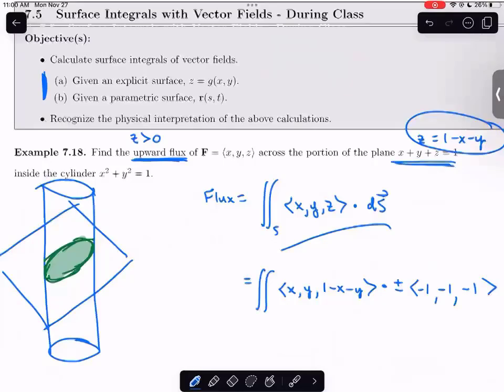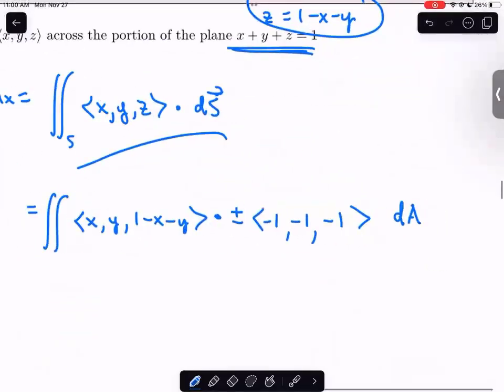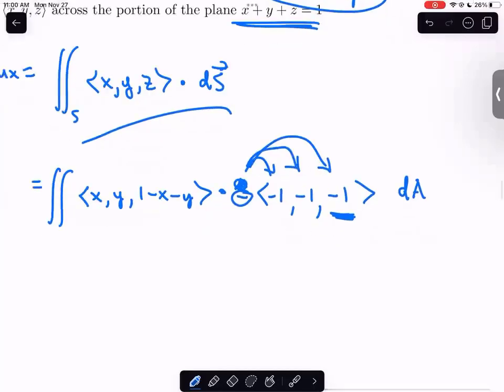And so if I wanted to make sure that I was calculating out the upward flux and not the downward flux, right, I would look at my z component, and I want to make sure that that's a positive number. And so again, choosing this orientation is the same as choosing this plus and minus. And I'm going to go ahead and choose the negative here. So that way we're calculating out upward flux. When I distribute that, right, we'll have positive 1, 1, 1.